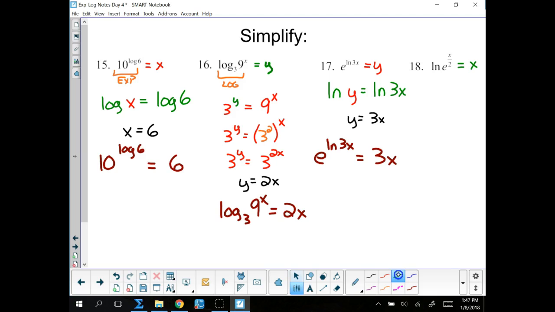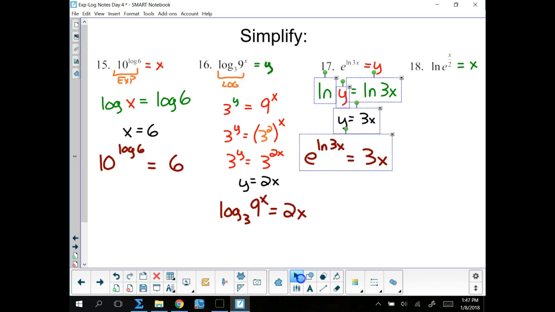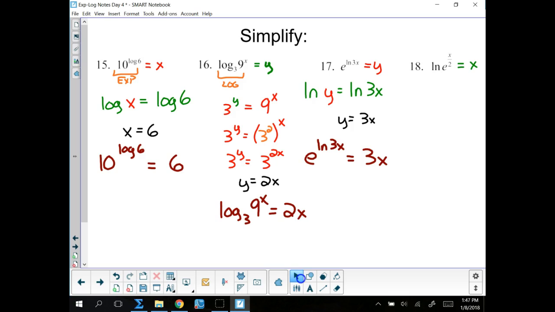I gotta move this stuff over. Hold on. It's in logarithmic form. So my base is e. My exponent is x. My answer is e. Oops, sorry, it's going to have to be y.